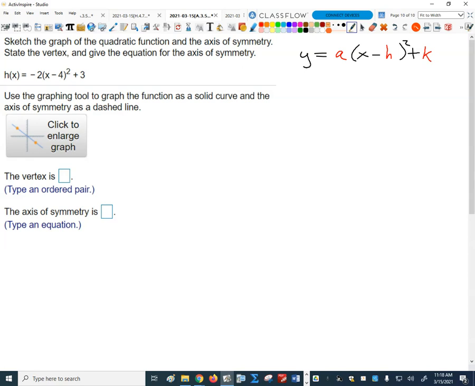So what are the values then of A, H, and K for us? Type those in. Okay, I need more answers, everybody.